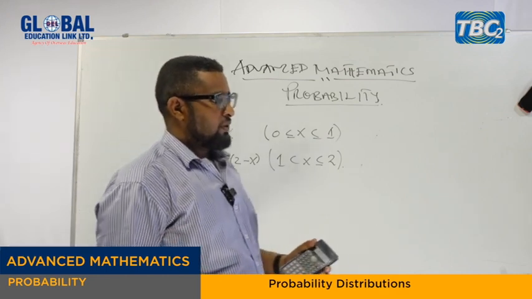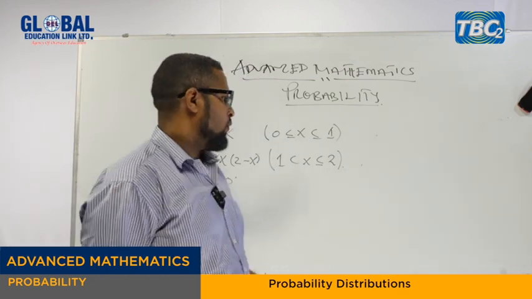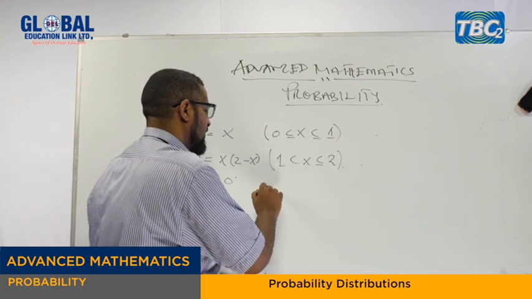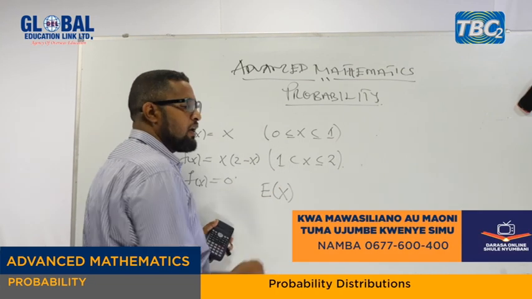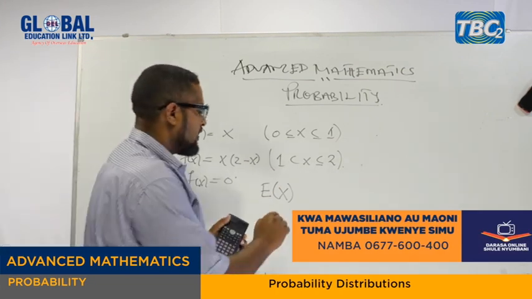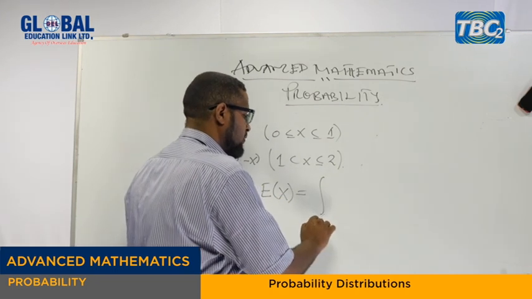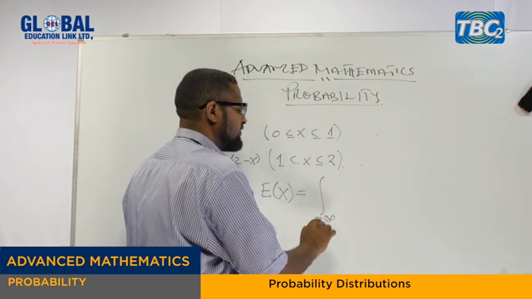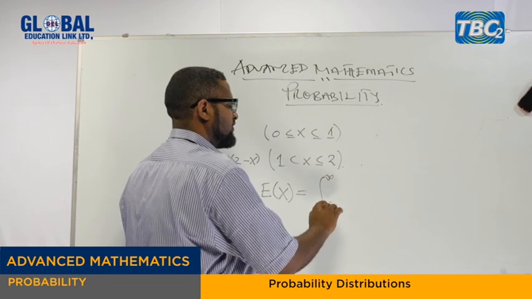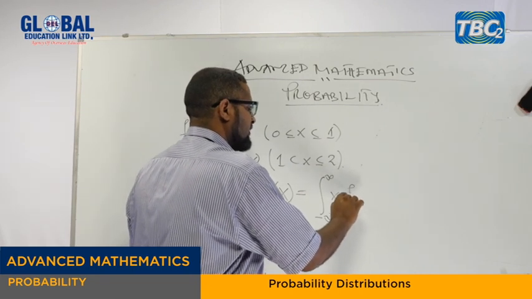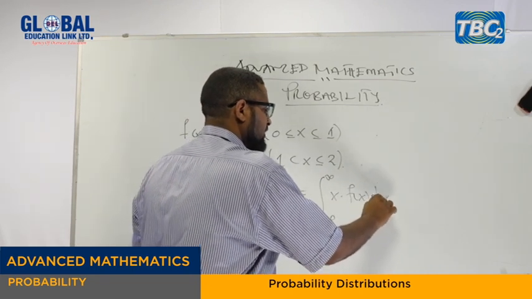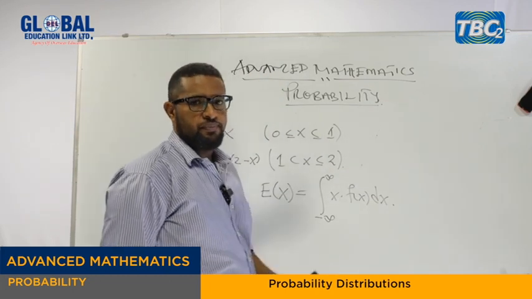Now, let's recall the formula. We are looking for the expectation of variable x. The formula is the integral from negative infinity to positive infinity of x times the function f of x, then dx.